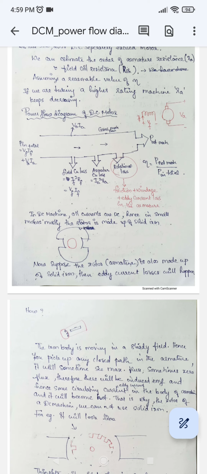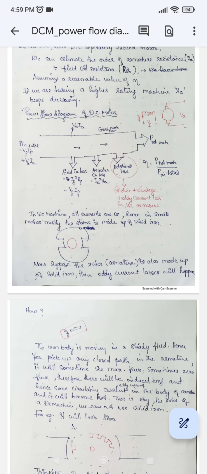In the power flow diagram, the power which is going to the motor is given as P in total, the total power which is absorbed by the motor, which is obviously there are two circuits which is shown, field circuit and armature circuit. The power of the field circuit and the armature circuit, which is Vf If. We know power is V into I, so Vf If plus Va Ia.